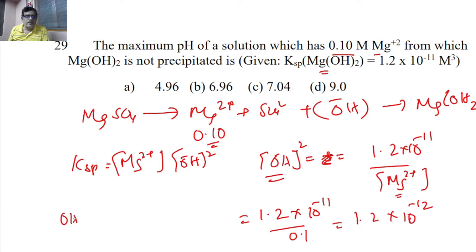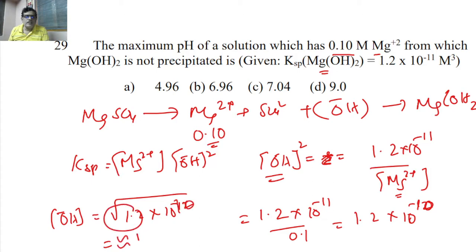Therefore, OH minus ion concentration will be the square root of 1.2 10 to the power of minus 12. And this will be almost 10 to the power of minus 10, so square root of 1.2, approximately 1. So the square root of 10 to the power of minus 10 will be 10 to the power of minus 5.